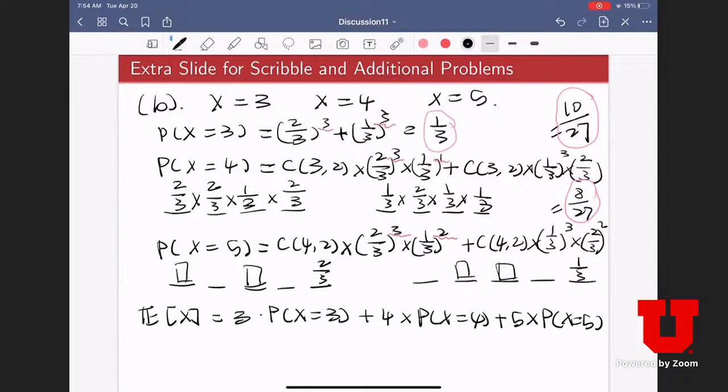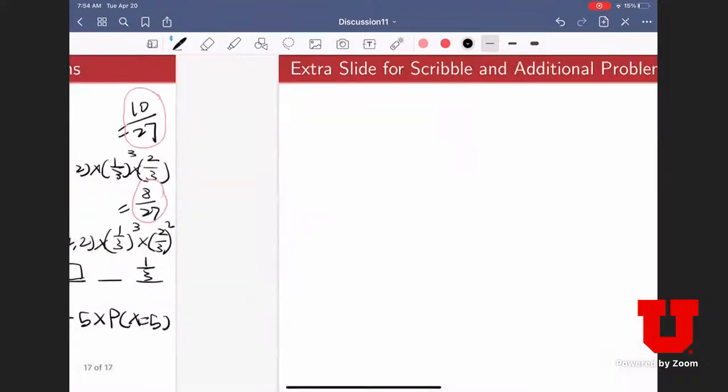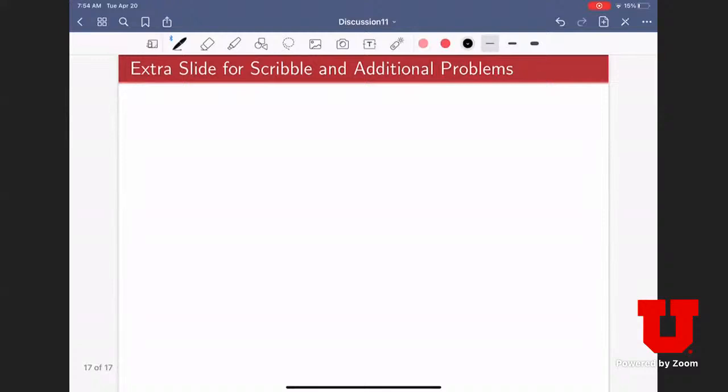All right, okay, so problem 3. All right, so this one is a challenging one, so let's take a look at this one together.